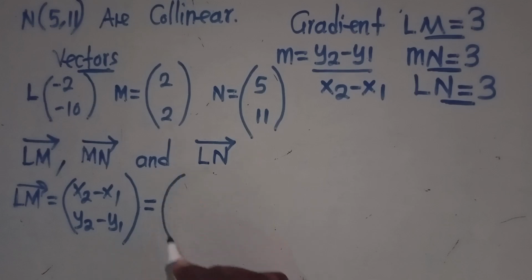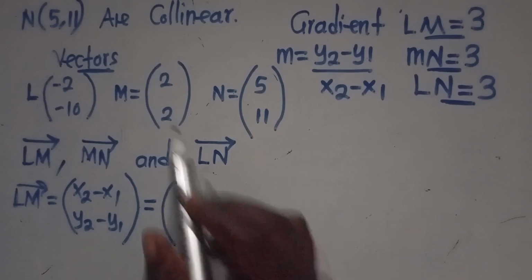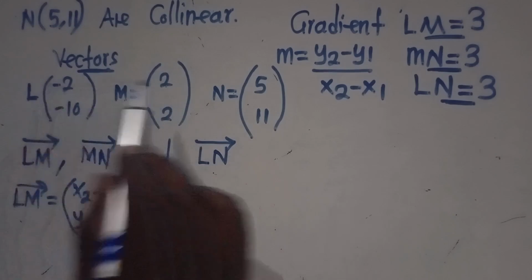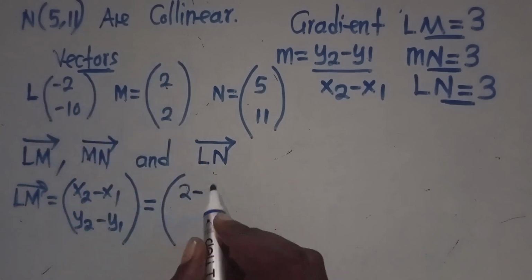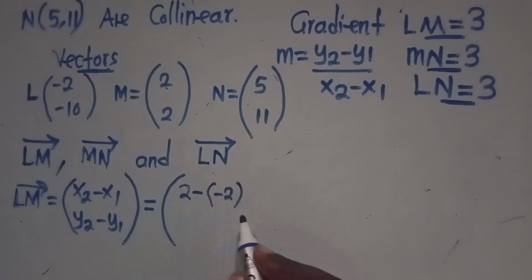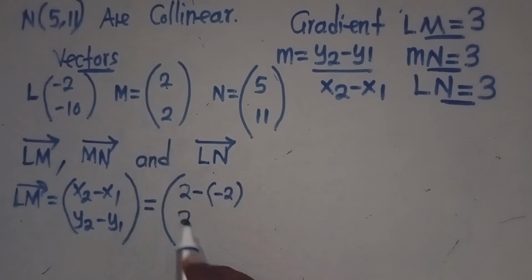So I'm going to start with 2 minus that one. You say 2 minus -2. Even down here, 2 minus -10. That is what you are going to do.